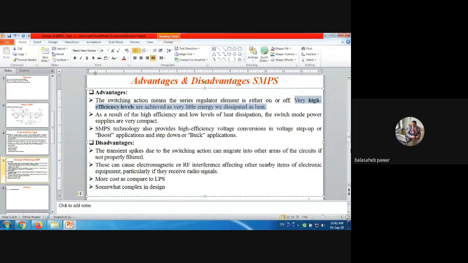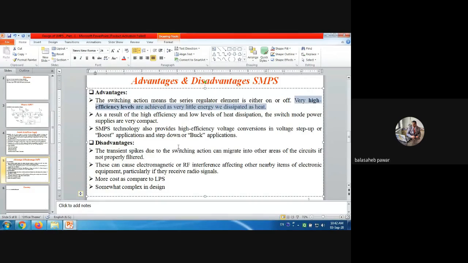The second source of power dissipation in LPS is the step down transformer. Even if we consider input power equal to output power for a step down transformer, practically, because of a few losses like hysteresis loss, eddy current losses, or copper losses, some power dissipation occurs. But in SMPS, we avoided the use of the step down transformer, and that's why the efficiency again improves.